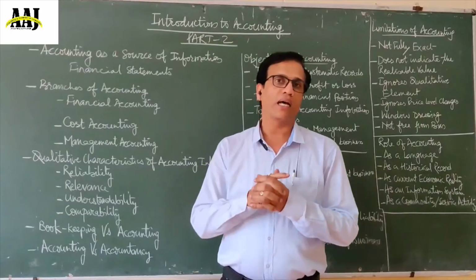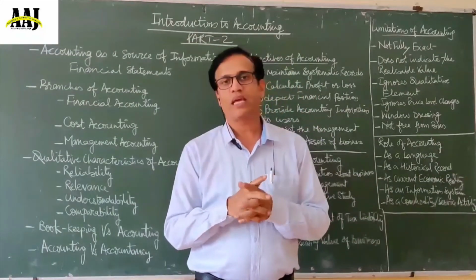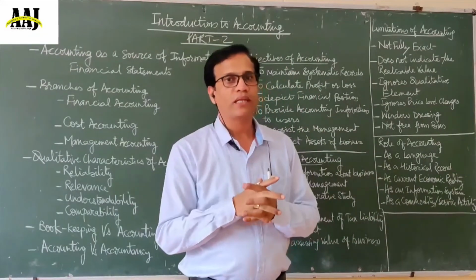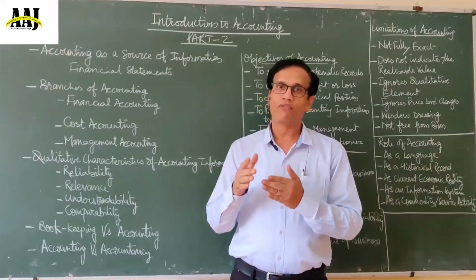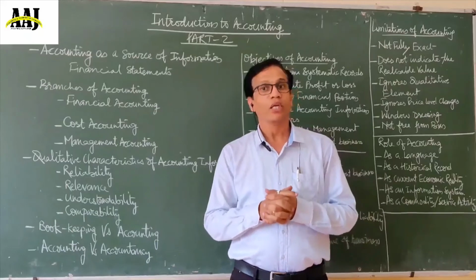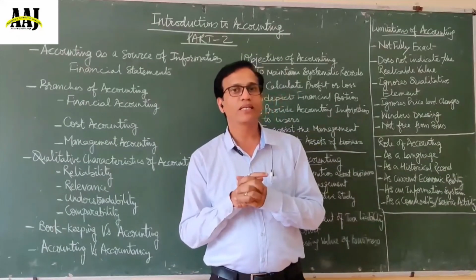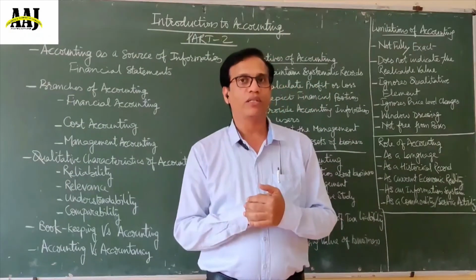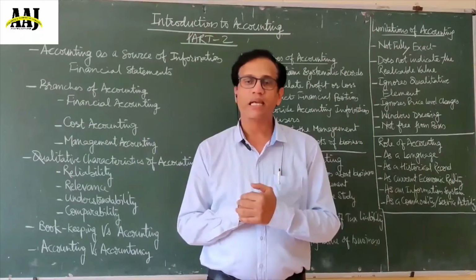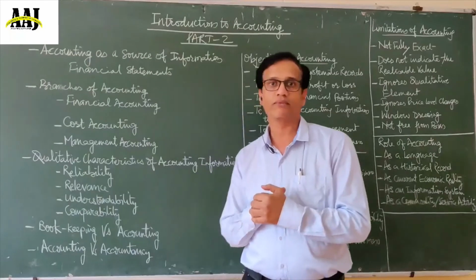In our previous class, we discussed the history, development, need, meaning, and features of accounting. Through features, we discussed the four main elements of accounting, in which we studied the process of accounting.